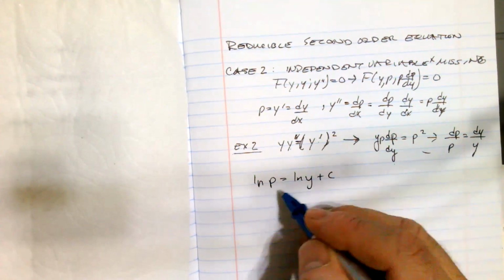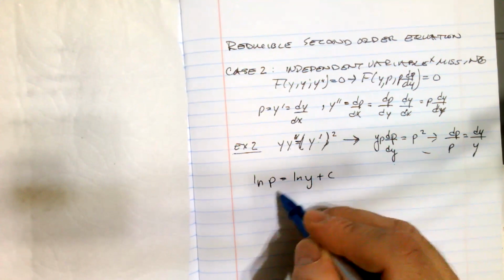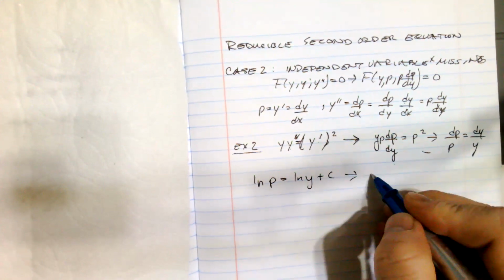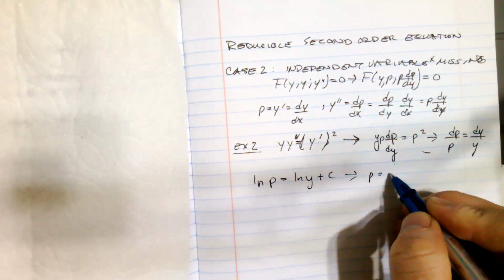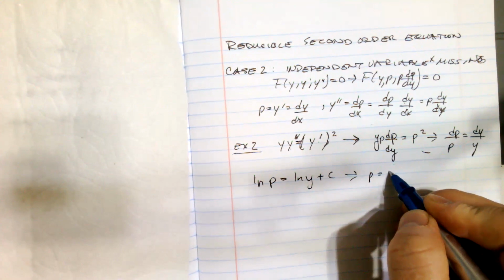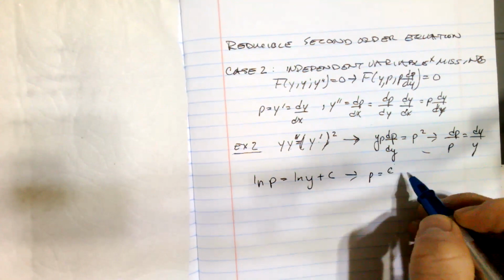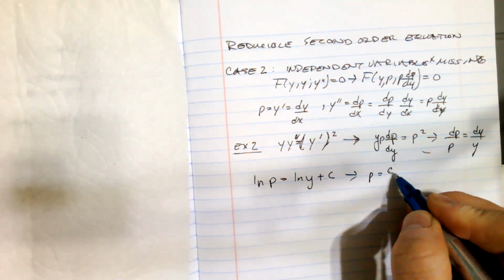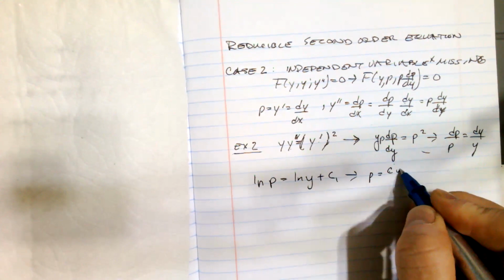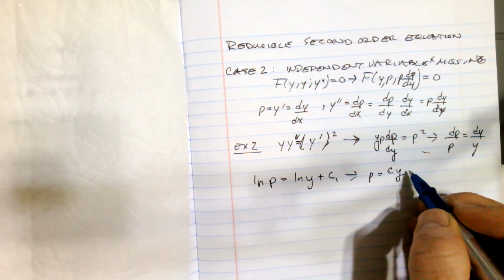And then exponentiating both sides, this becomes p is equal to, we'll call it c1 times y. Okay.